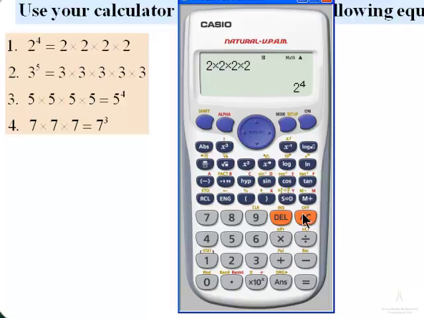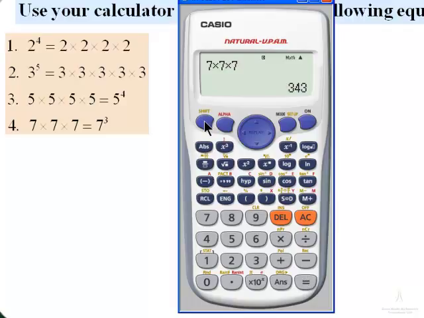In a similar way, considering the last example, if we take the number 7 and multiply it 3 times by itself, we get the answer.